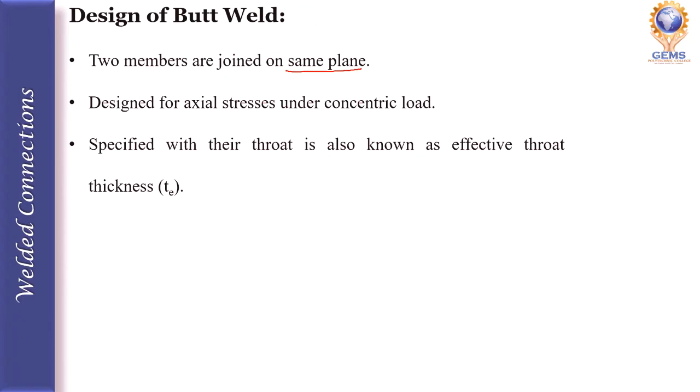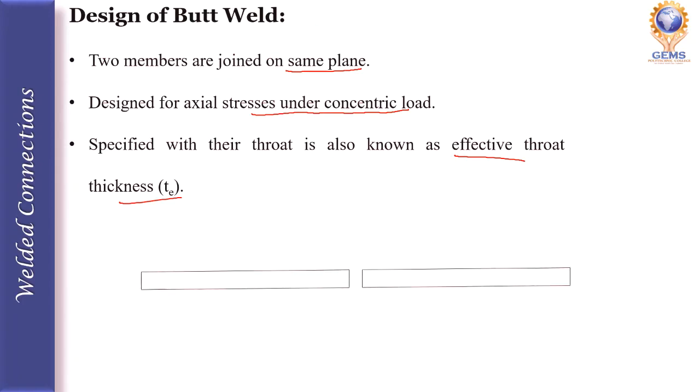They are designed for axial stresses under concentric load. These butt welds are specified with their throat, also known as effective throat thickness. So assume this is member 1, this is member 2, joining in the same plane. So here we will use a butt weld.